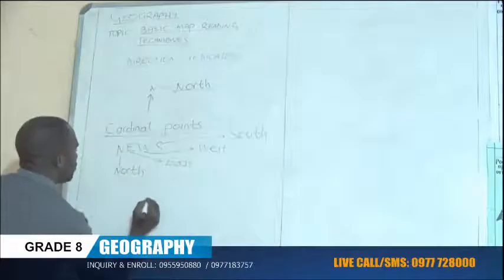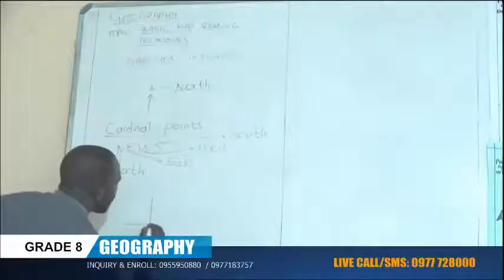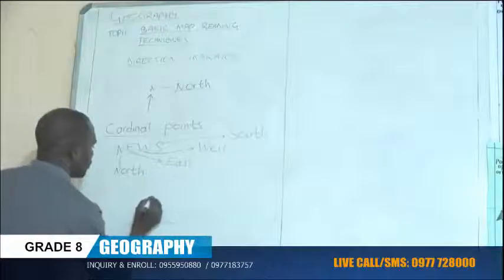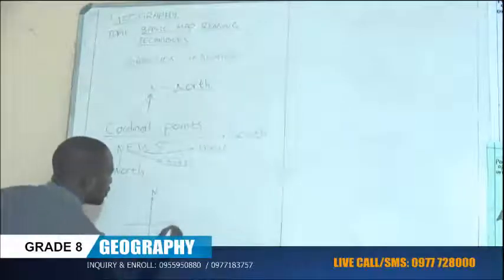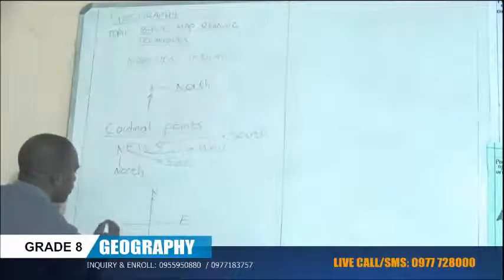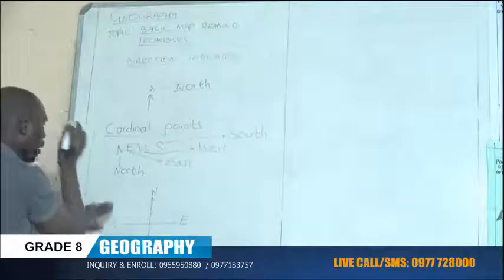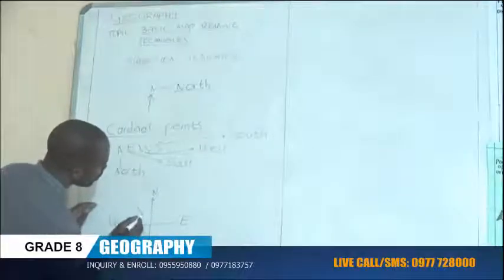I'll sketch so that you know. The cardinal points N, there is S, there is E, and we also have W.